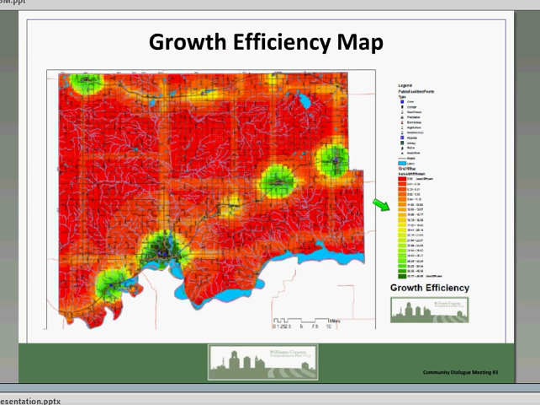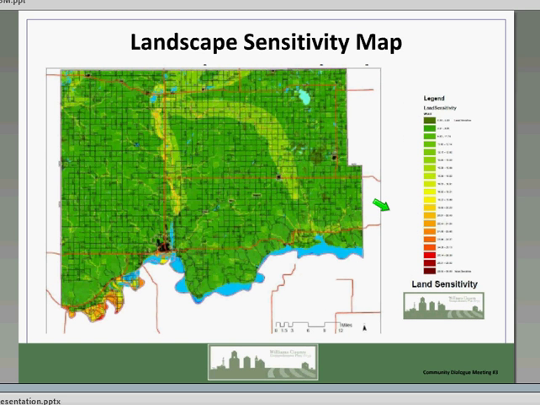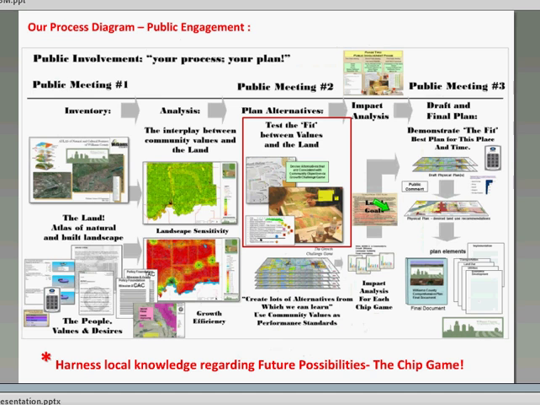You can start to see these dark green areas are where the highest level of growth efficiency is. Later on, I have a section that will talk about this in more detail, whereas the landscape sensitivity map is cumulative floodplains, wetlands, steep slopes. You start to see red are bad places for growth. You see an awful lot of green because there's an awful lot of very developable places.